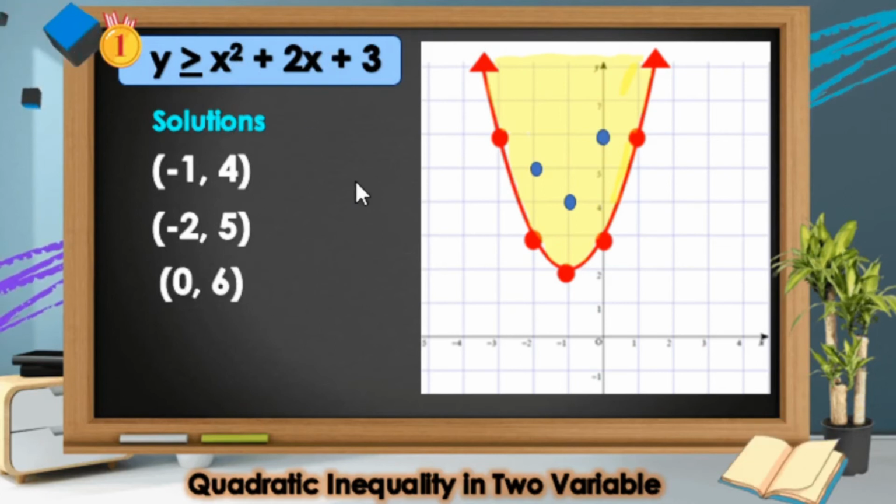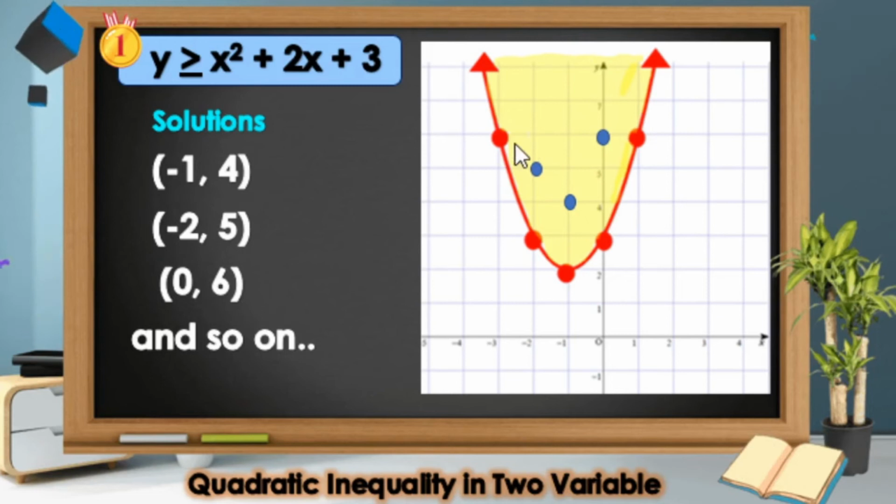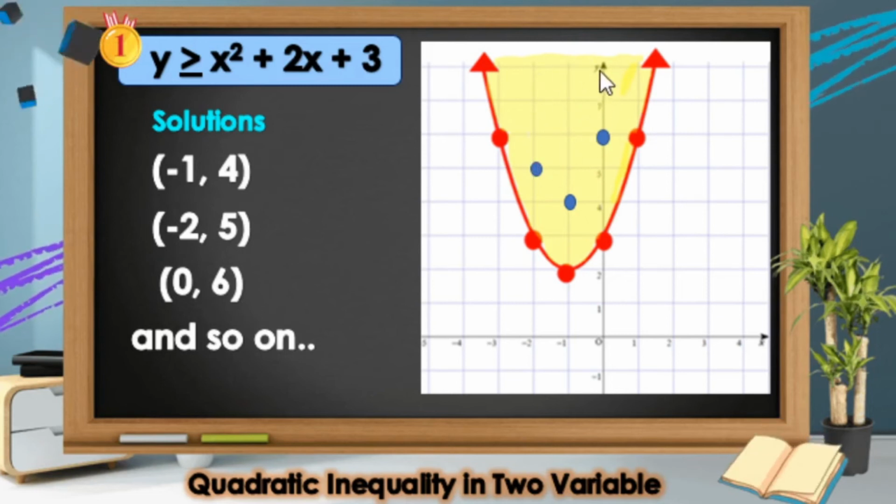And we have 0 and 6. Pag sinubstitute natin si (0, 6), magsasatisfy din. And lahat ng points na nandito ay magsasatisfy, basta nandito siya sa shaded region. Madami pa yan. So, the graph and the solutions of quadratic inequality y is greater than or equal to x squared plus 2x plus 3 is this.